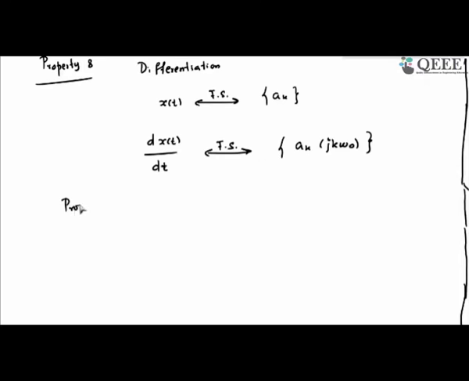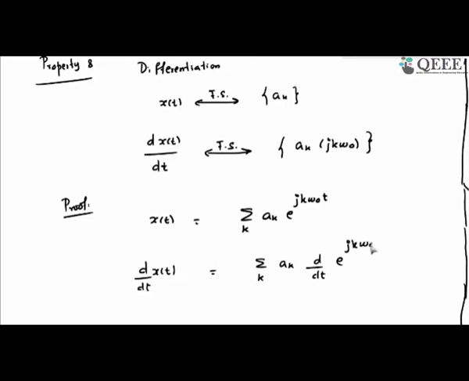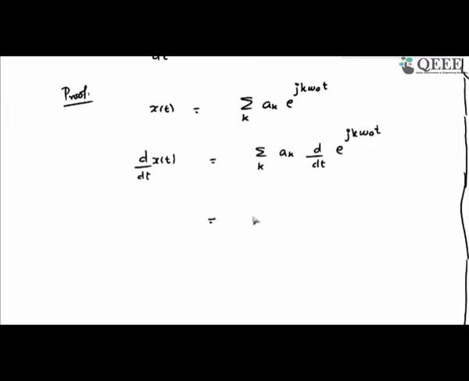Okay, so the proof is simple. x of t is sigma over k ak e power jk omega naught t. I take the differentiation on both sides. I can take the differentiation inside the summation. So this is sigma over k ak d by dt of e power jk omega naught t.